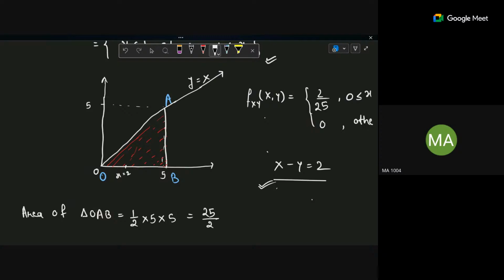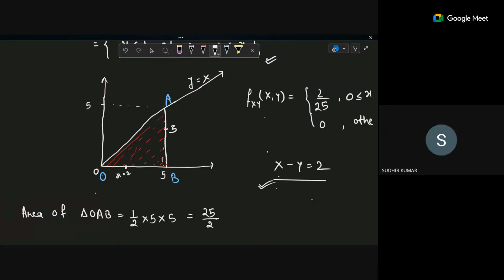And if you put x is equal to 0, y is equal to minus 2, you will get a point somewhere here, and then you can draw that line. But I will put x is equal to 5, because I know the value at this point. Once I put x is 5, y is equal to 3.